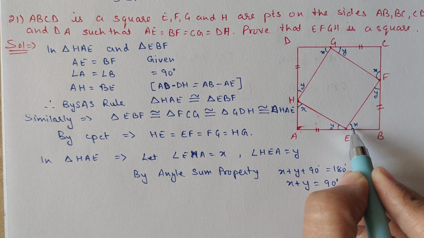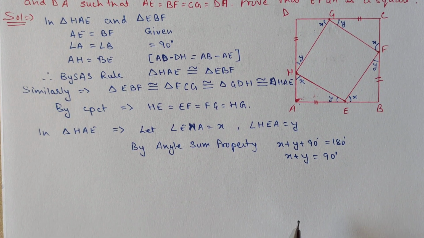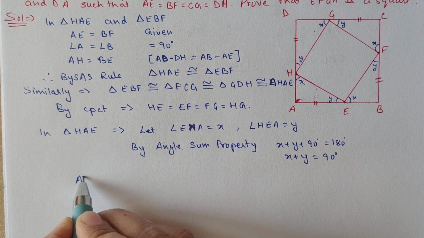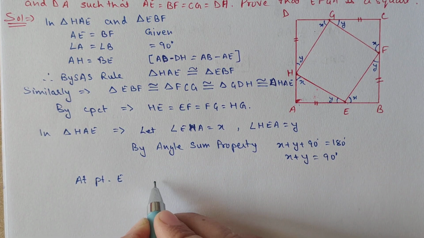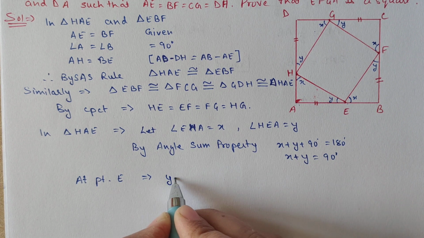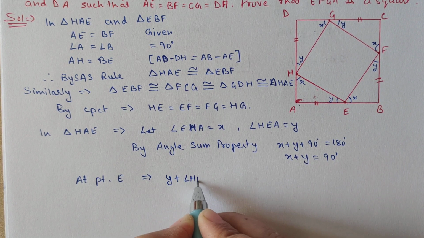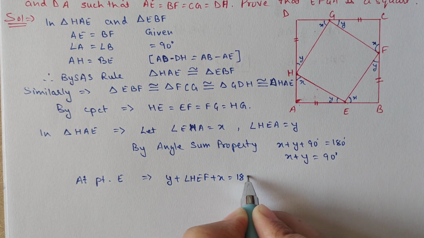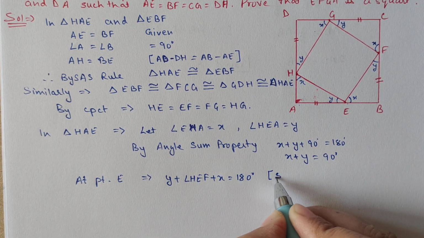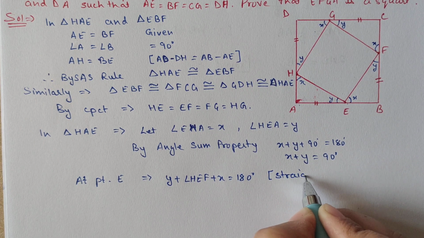Now we will come to this point E. At point E, Y plus angle HEF plus X is equal to 180 degree, straight line angle.